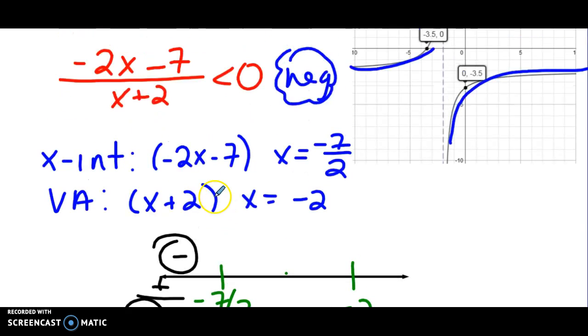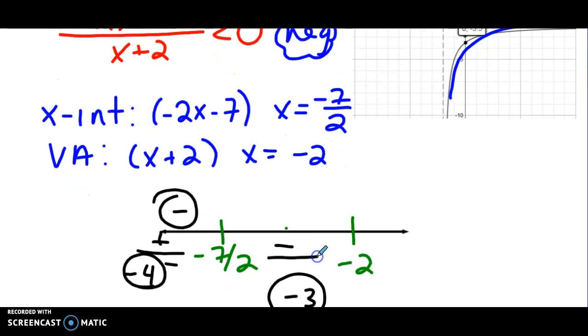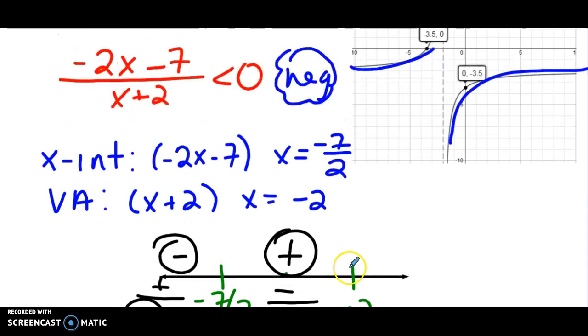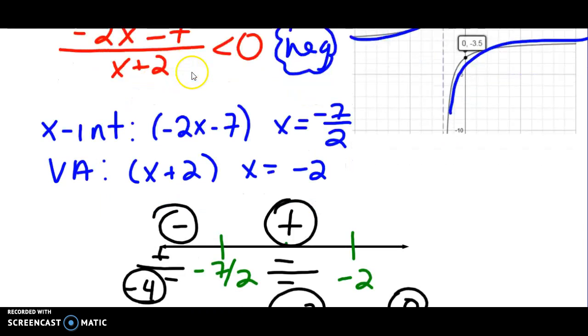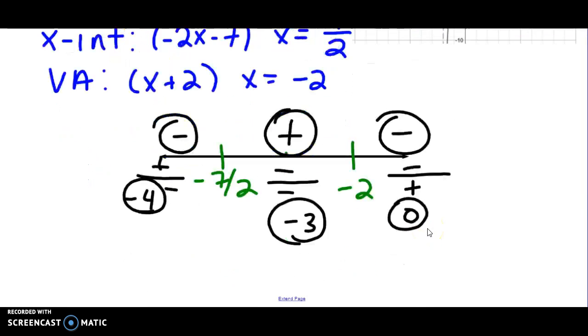Again, when we plug it into this here, negative 2 times negative 3 is 6, minus 7 is a negative, and negative 3 plus 2 is a negative. So this makes a negative over negative and a positive. And when we test something bigger than negative 2, like 0, negative 2 times 0 is 0, minus 7 is a negative, and then 0 plus 2 is a positive, so this is a negative. So our solutions, since we're looking for negatives, are going to be to the left of negative 7/2 and to the right of negative 2.